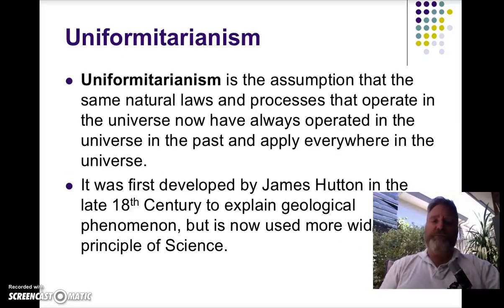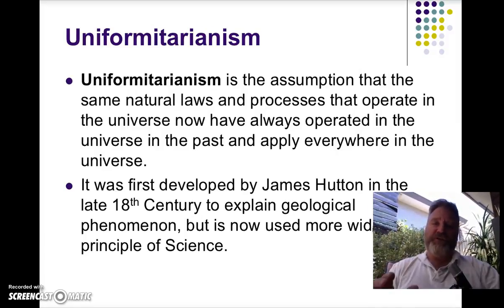This actually belongs to an idea known as uniformitarianism. It's an assumption that the same laws and processes that operate in the universe now have always operated. So we're saying, if this operates in prokaryotes, it should also be the manner in which things operate in eukaryotes. On the whole, it tends to pass muster.